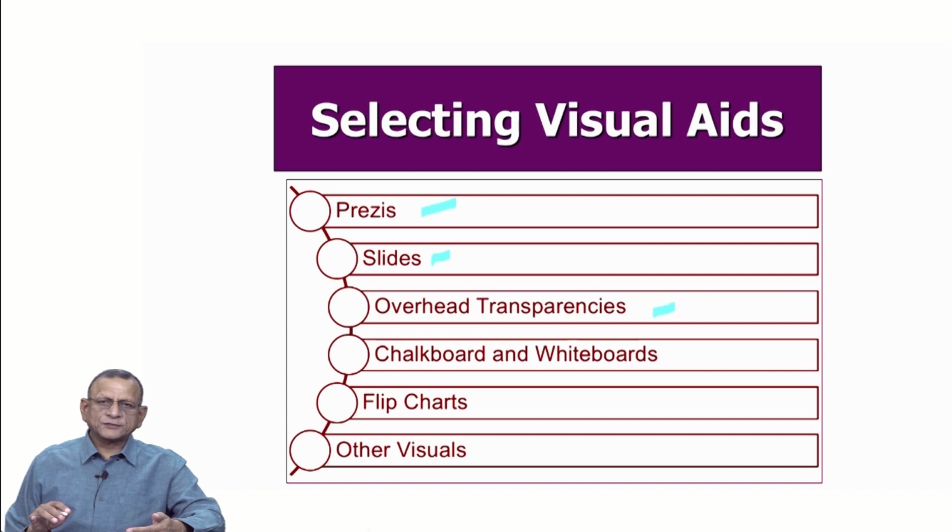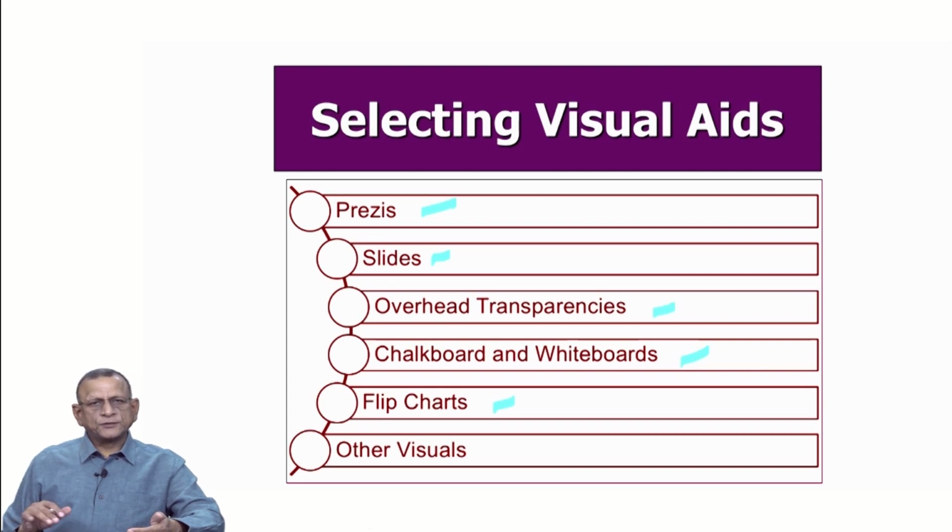Then obviously the traditional thing is the chalkboard or the whiteboard. You can use that. Another method is using flip charts. You must have seen a tripod in the corner of the hall with lots of white sheets or maybe colored sheets. The presenter may go to that tripod and may write something on the sheets.